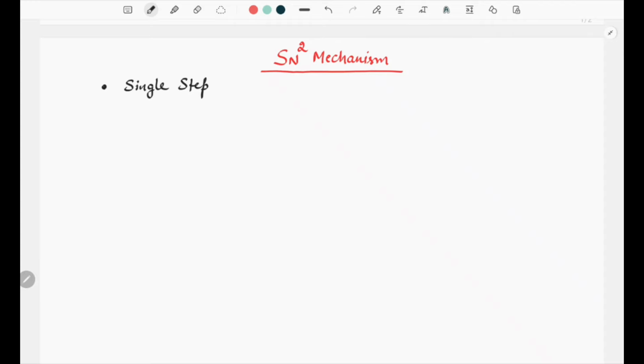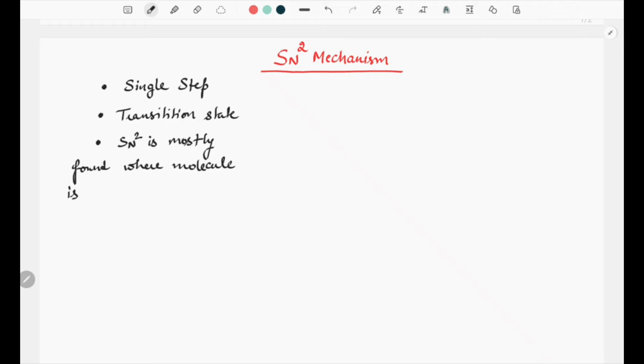All the process occurs in a single step, and this mechanism involves formation of a transition state, and third, SN2 is mostly found where the molecule is small or less bulky.